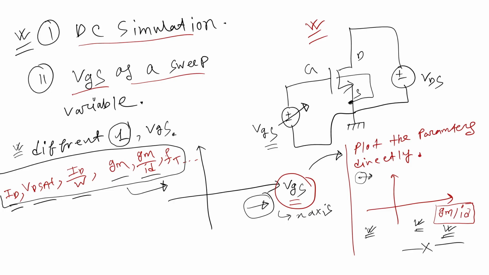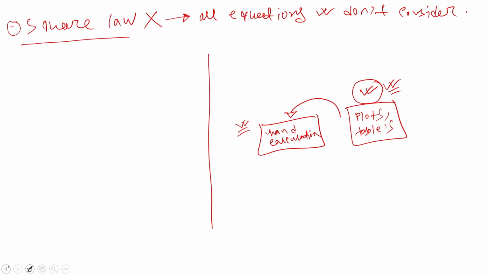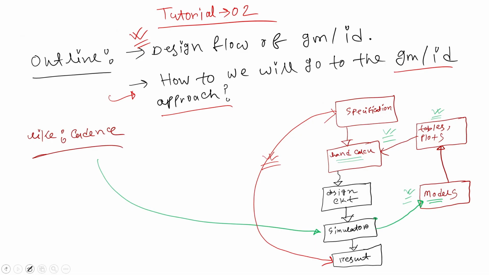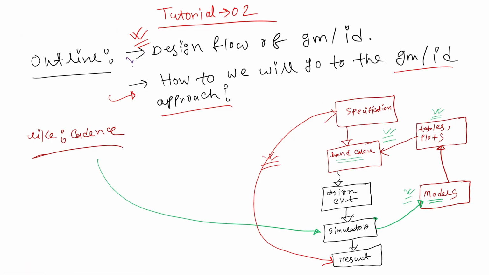Up to now, everything is fine and I think everything is understandable. Today we basically covered these two outlines: the design flow of the GM over ID approach, and then how we will go to the GM over ID approach.